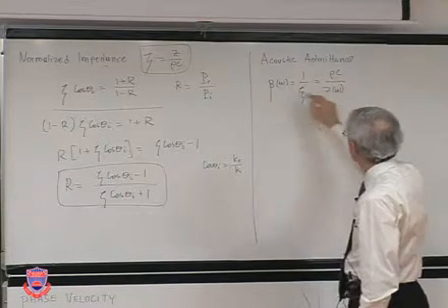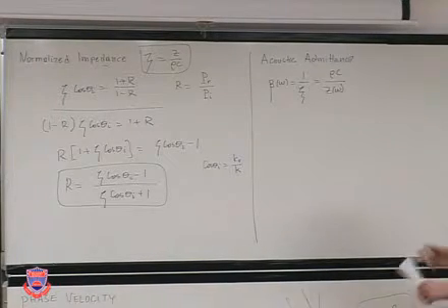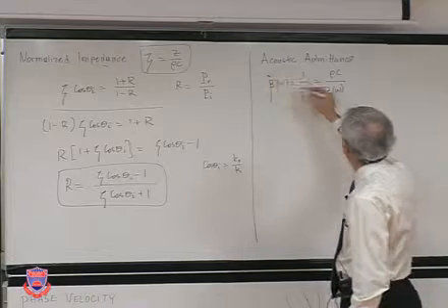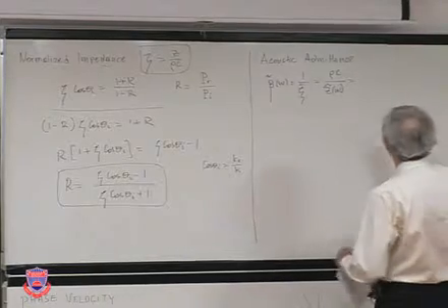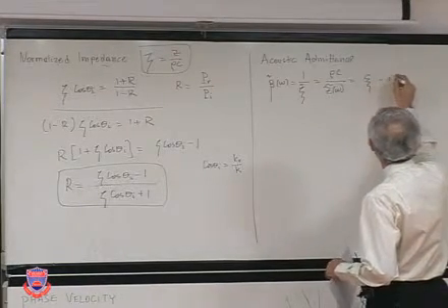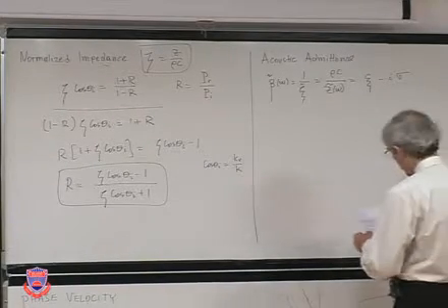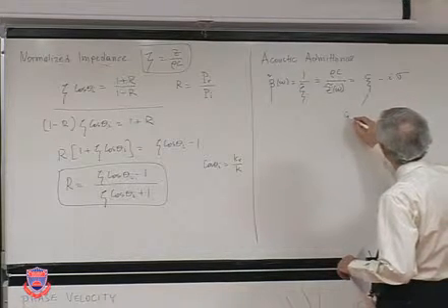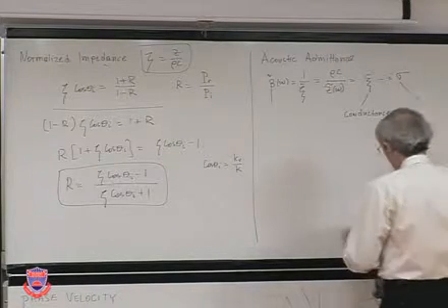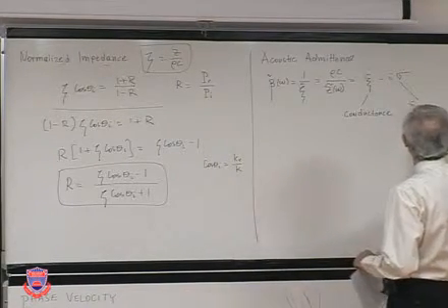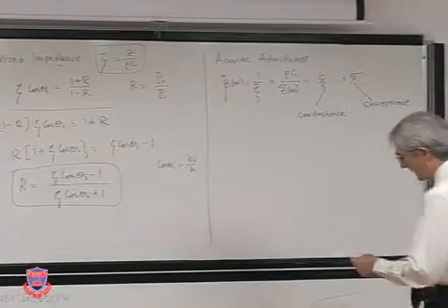I put in parentheses omega because usually they are functions of the frequency, and usually they are complex quantities. So one would express it as a combination of real and imaginary parts, and we call the real part conductance, and we call the imaginary part susceptance. These are terms that you should know.